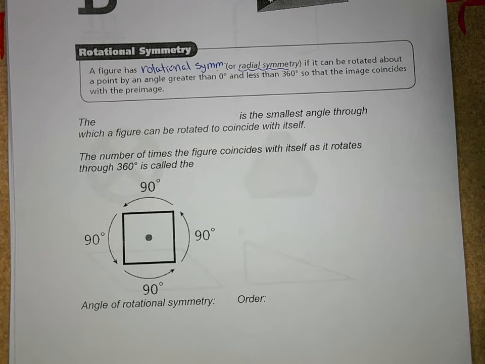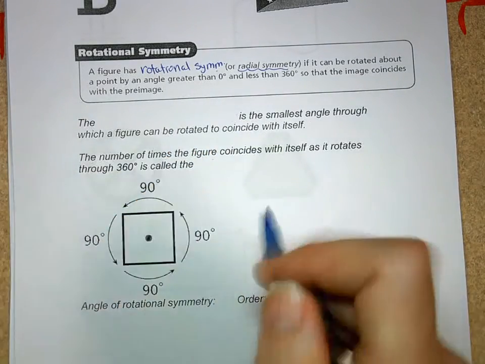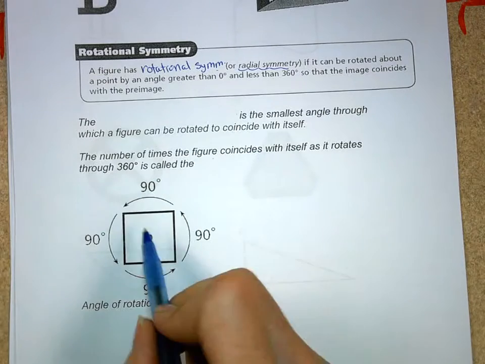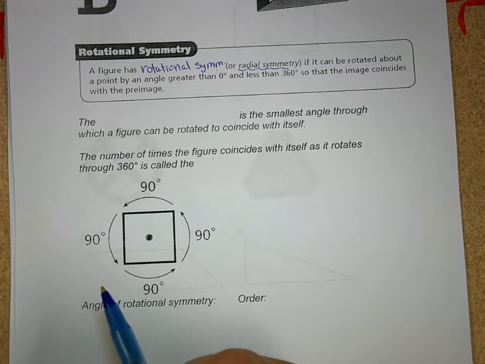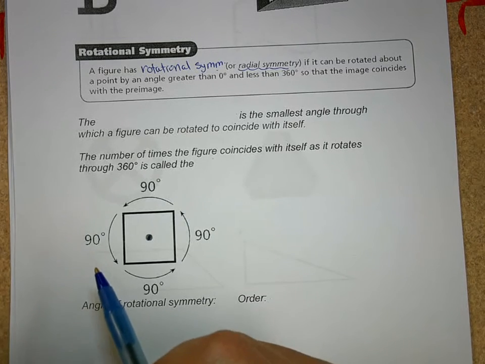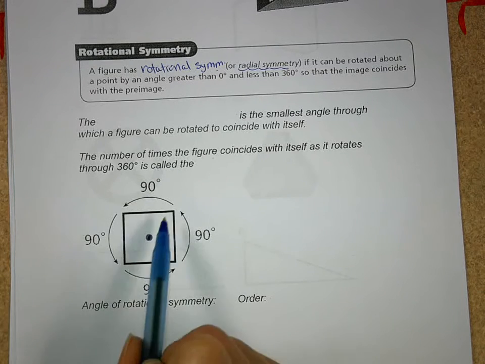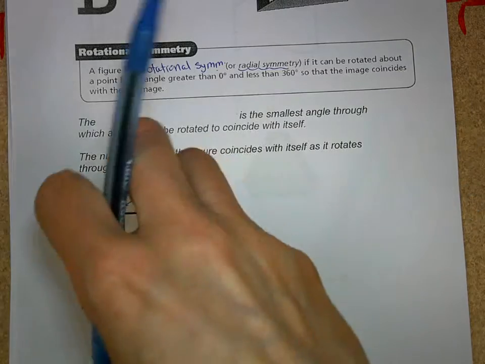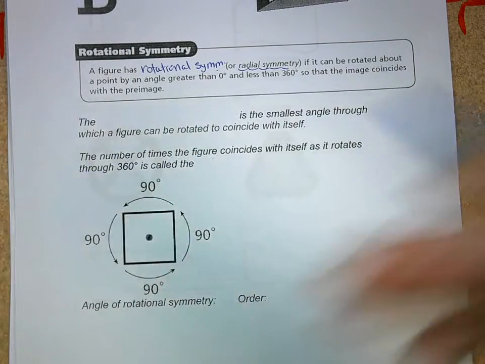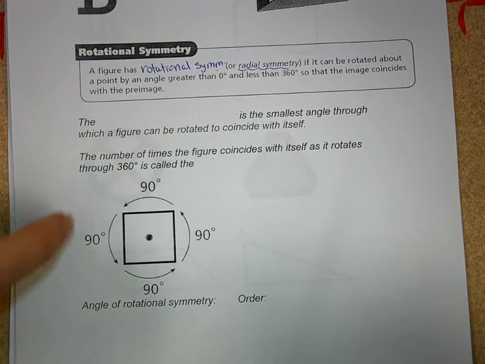So what do they mean? It basically means that if I take this square and put its center location on it, and rotate around that center spot, like on a doorknob, I would get a 90-degree rotation. Now I want to show you something about rotation. If you go counterclockwise, your angles are positive.